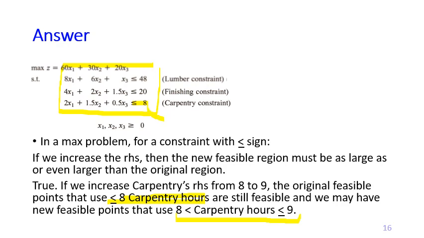So increasing the carpentry constraint from 8 to 9 may add some new feasible points. I emphasize the word may because it may or it may not. But the point is the original feasible points that use less than or equal to 8 carpentry hours are still feasible. So the new feasible region must be as large as or even larger. The new feasible region cannot be smaller than the original one.